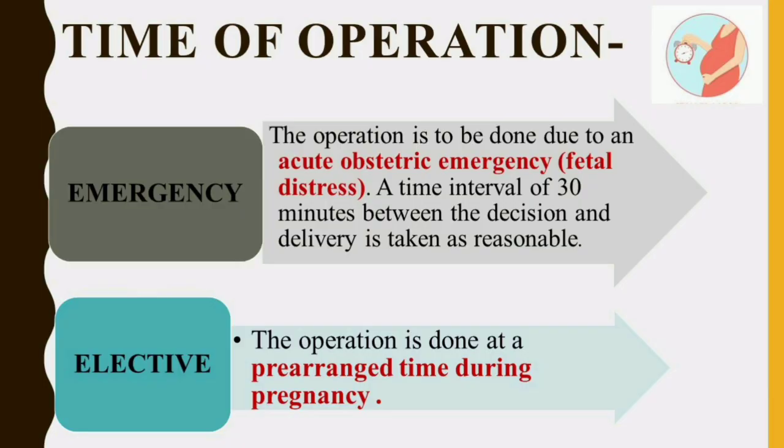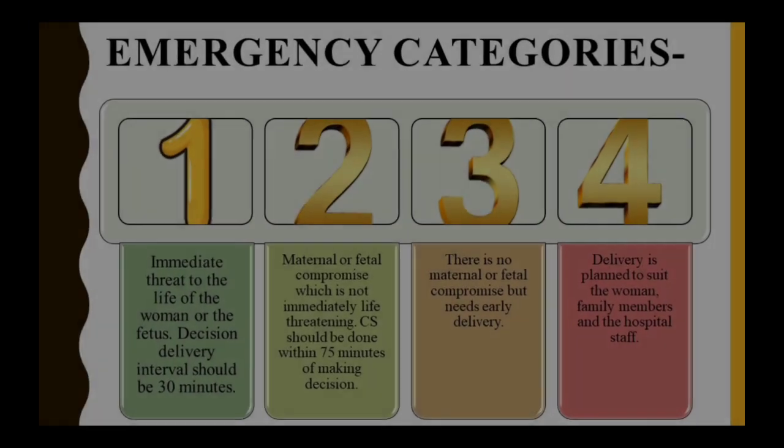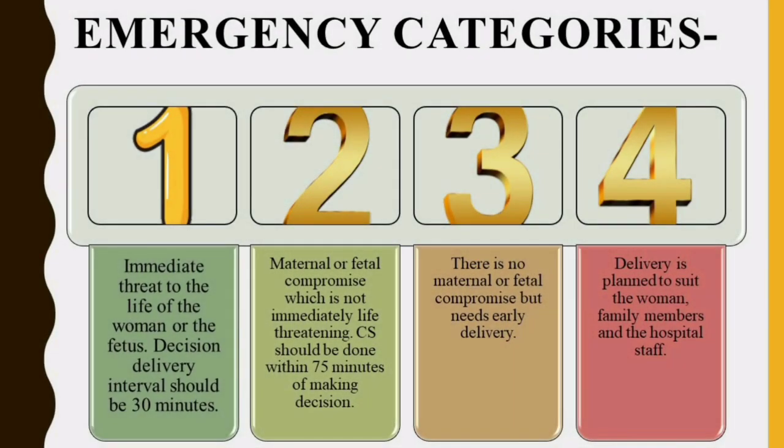Okay. So next we will see the emergency categories. Emergency categories are divided into 4: 1, 2, 3 and 4. First one, immediate threat to the life of the woman or the fetus. Decision to delivery should be within 30 minutes. Secondly, maternal or fetal compromise which is not immediately life-threatening.